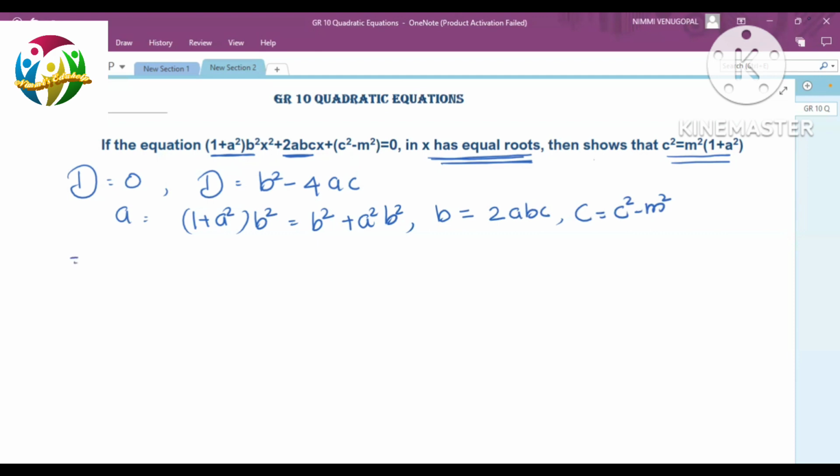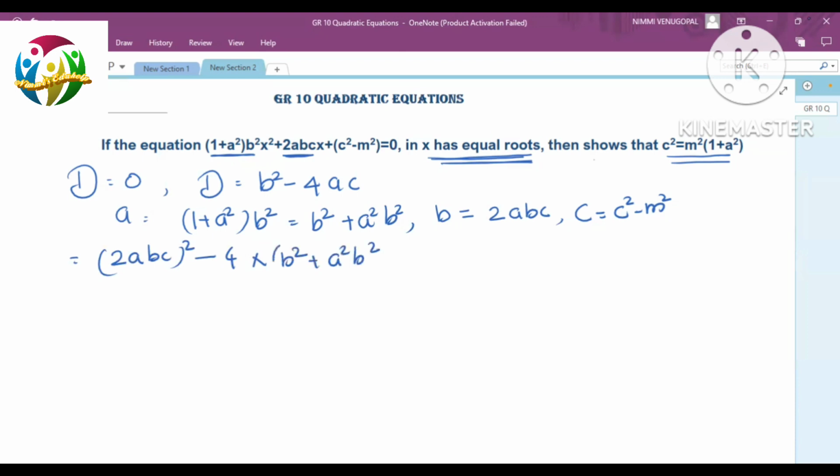Now we are going to input all these values in that equation. B square minus 4ac. What is b square? B square is equal to 2abc whole square minus 4 into what is a? A is equal to what? B square plus a square b square.